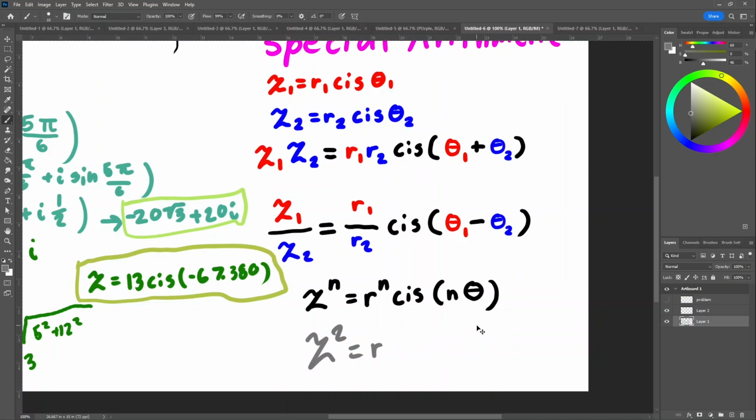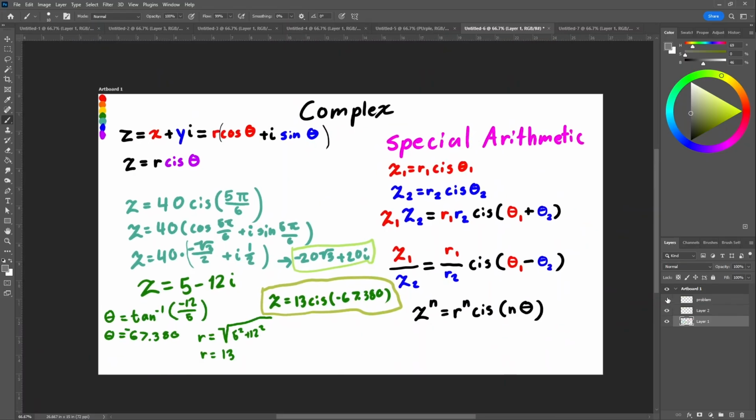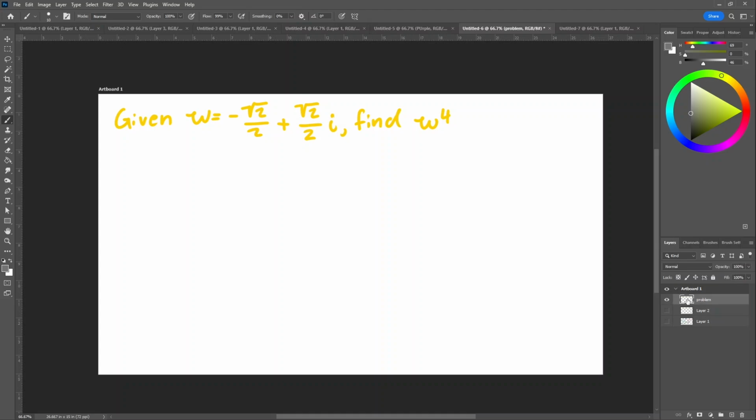And I know in this year's semester B review, we had a couple problems like that, and in our challenge problems as well. Now, if we were to want to practice that, we would have this. Using our special arithmetic, given W is equal to negative root 2 over 2 plus root 2 over 2 i, find W to the fourth.